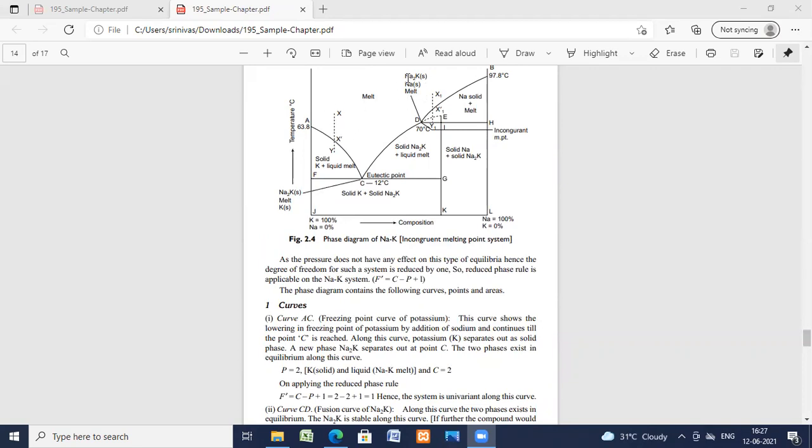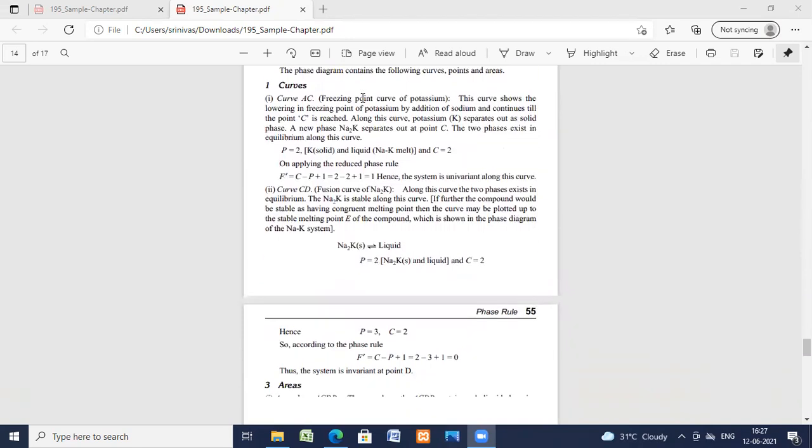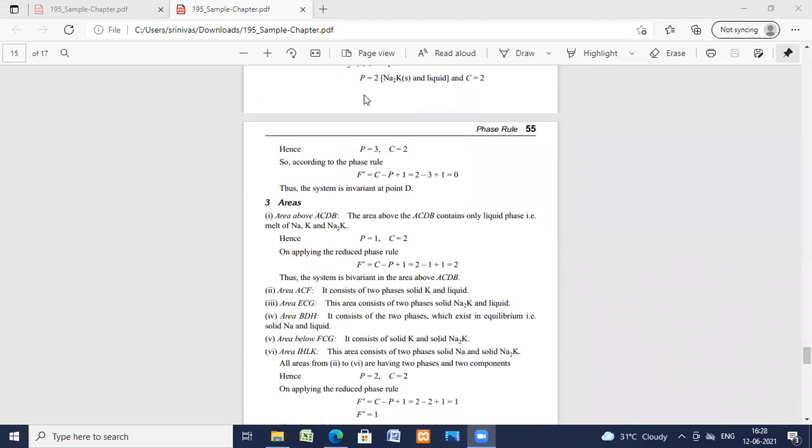P is 1, C is 2. So F is equal to C minus P plus 1, 2 minus 1 plus 1. It is 2. Bivariant system. For the area ACDB, it is a bivariant system.